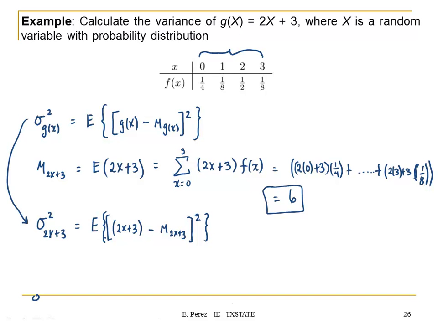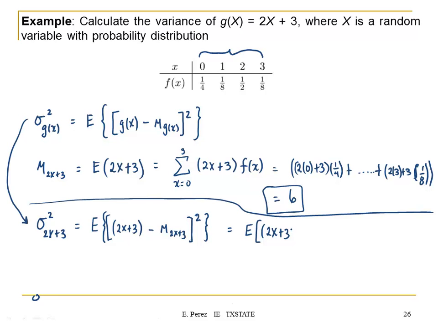We know mu, so we can basically put a line here. So we can work with this expression. So we have e of 2x plus 3 minus 6, squared.